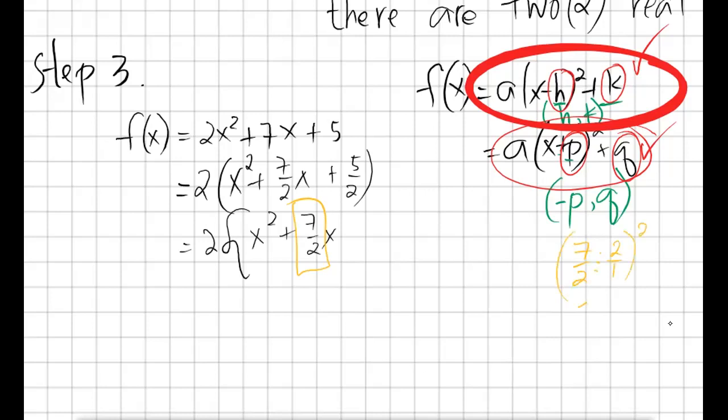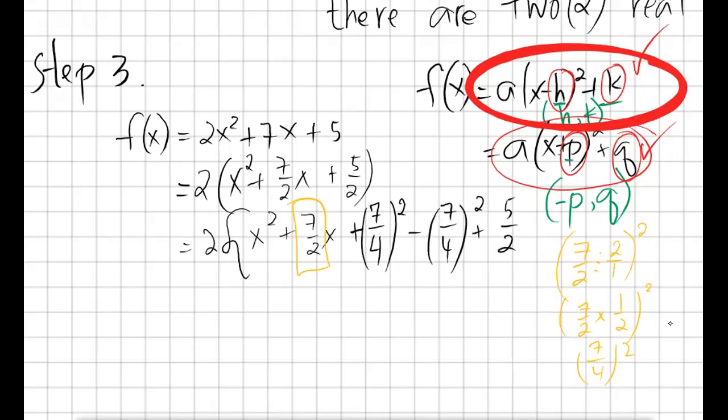Or 7 over 2 times 1 over 2, so 7 over 4 squared. So it will look like this: plus 7 over 4 squared minus 7 over 4 squared plus 5 over 2.